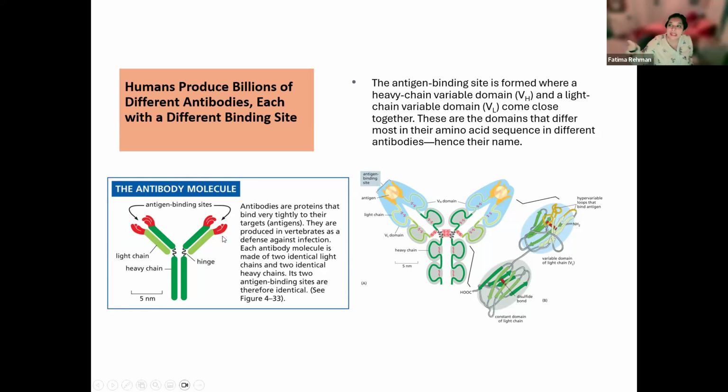Depending on every single thing that they're exposed to that is considered non-self or against the body, they will create variable sequences to bind to that specific antigen only in that specific area only, leading to billions of different antibodies that are possible in our body based on these highly selective binding sites. So that gives you an idea of how specific these bindings have to be.